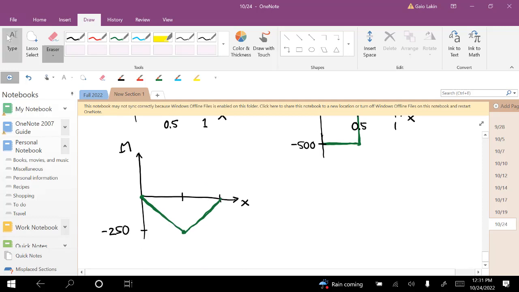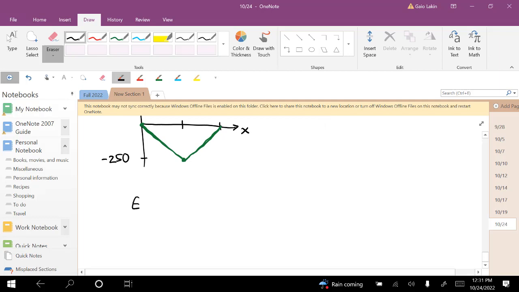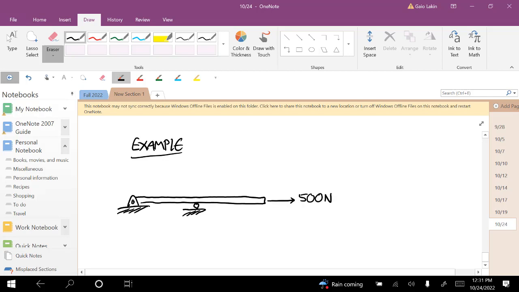Okay, so now let's do an example where it starts out like a rigid body statics problem, and then we'll go into this. So let's say that you have a pin joint on the left and a roller in the middle. And then at the end, you have a 500 Newton force to the right and a 1,000 Newton force down.